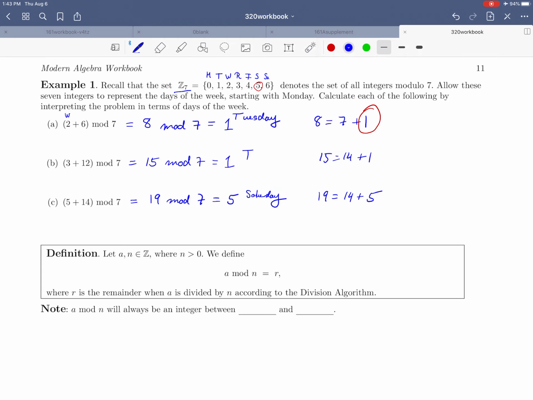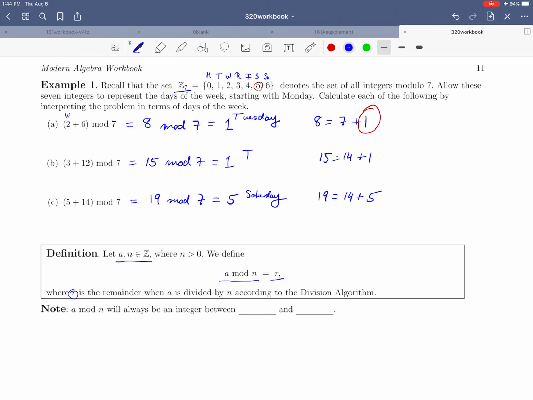Looking at the definition, if we have integers a and n with n greater than 0, then we define a mod n equal to r as the remainder. r is the remainder when a is divided by n according to the division algorithm.